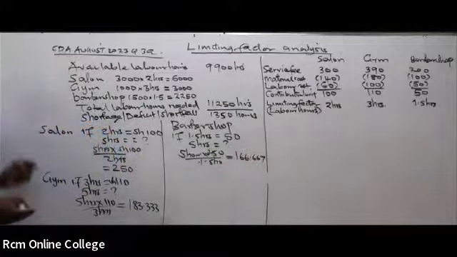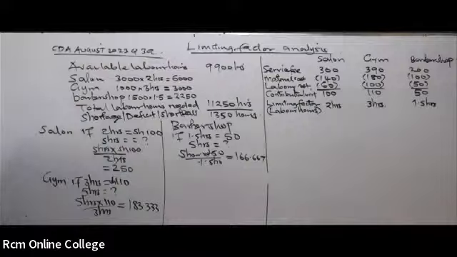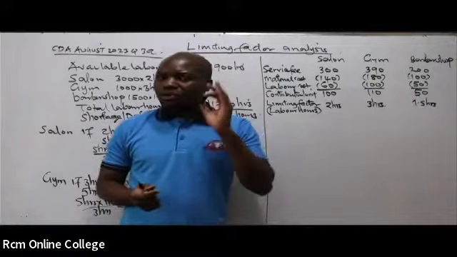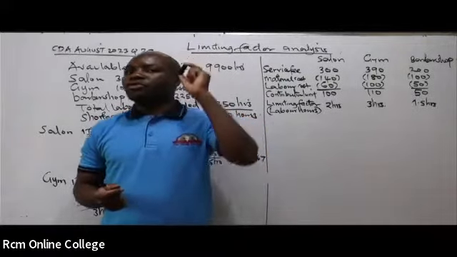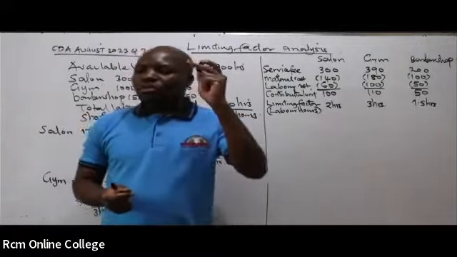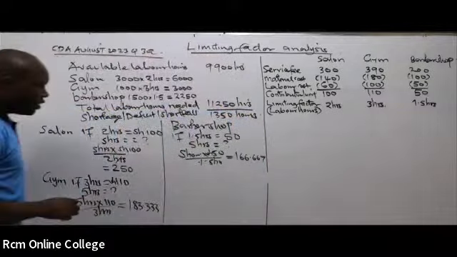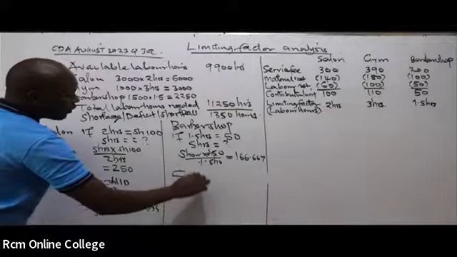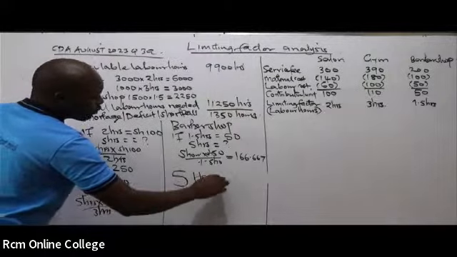Good. Great. I want you to listen carefully. If you are to rank these services based on profitability, what is the common item here? The common item is we have decided to see how 5 hours will give us profits.